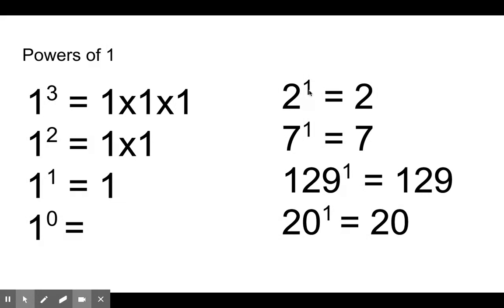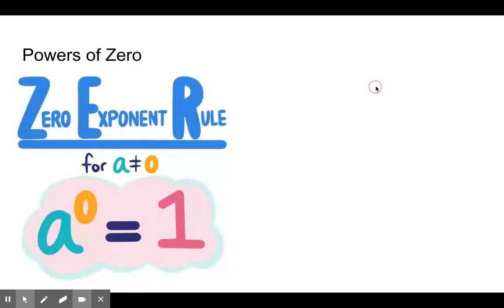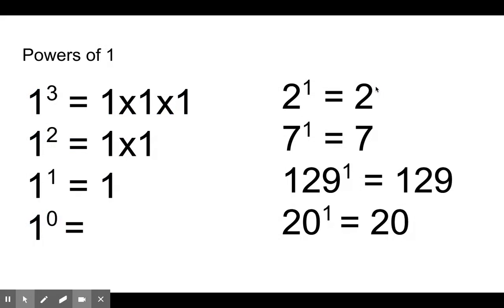Often we don't write the 1 because we know that 2 to the power of 1 is 2. We just write 2. We don't put a power there. Like right here, you can see that there's no power. So typically you'll see it written without the exponent there. It's important to remember that piece as we move on into the next lessons.